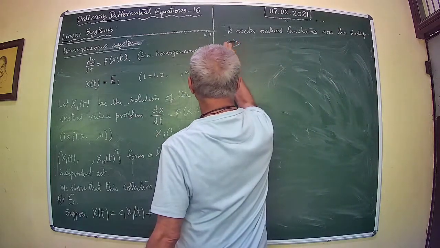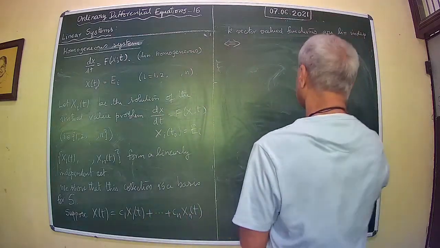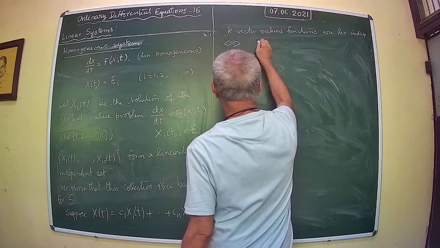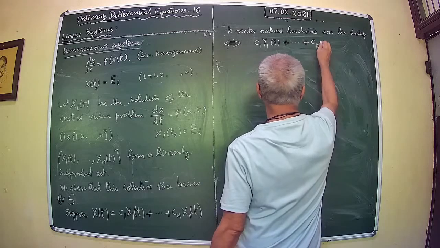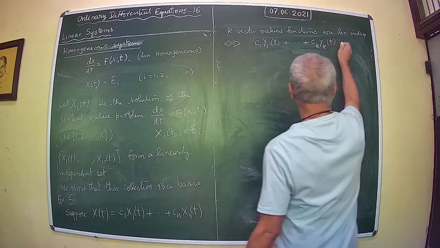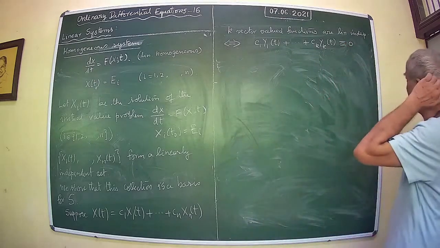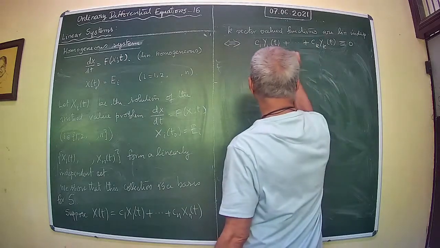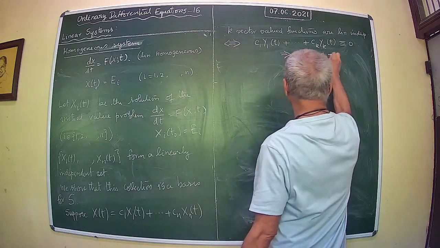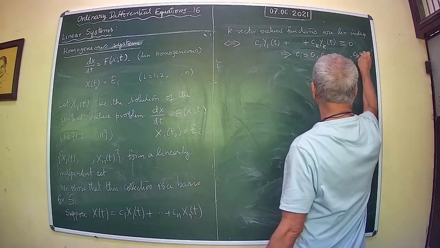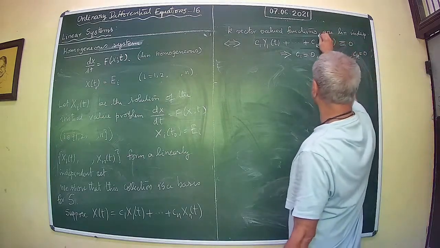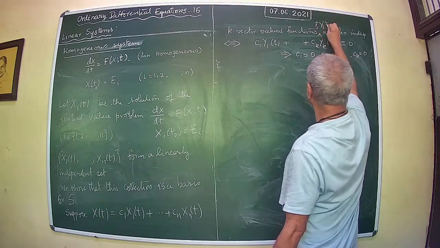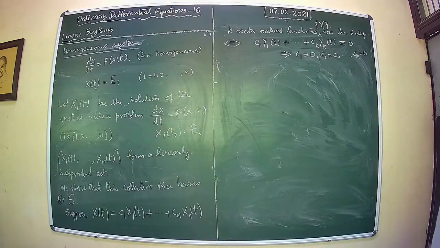It means, if and only if, c1 y1 plus etc. plus ck yk equal to 0 implies all ci are zero, where of course the yi are vector valued functions. I am not assuming they are solutions or any such thing.